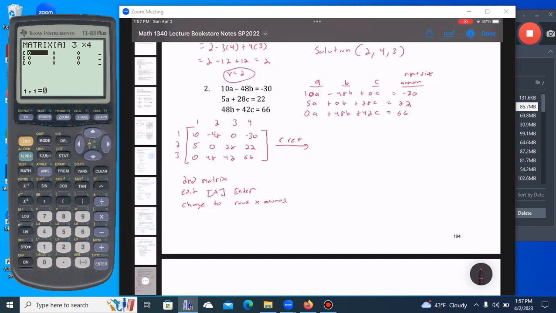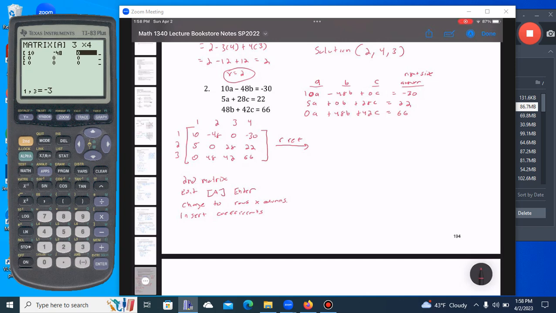So insert values. Insert coefficients. 10, -48, 0, negative 30.